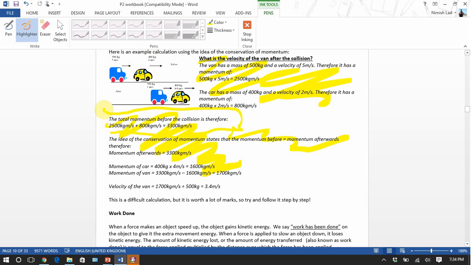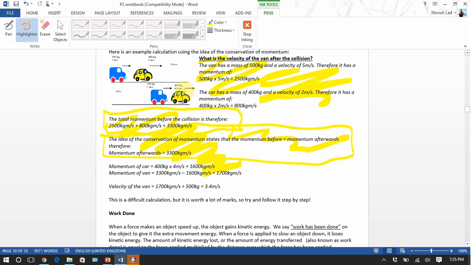Okay, that's generally worth about 2 to 3 marks. I know from the conservation of momentum, the momentum before must equal the momentum afterwards. So that means the momentum afterwards must be 3,300. So do I know the momentum of either of these? Well, the total momentum is 3,300. 4 times 400 is 1,600.